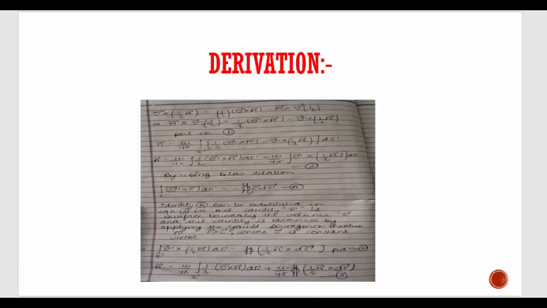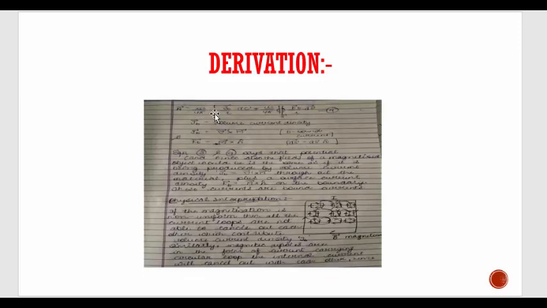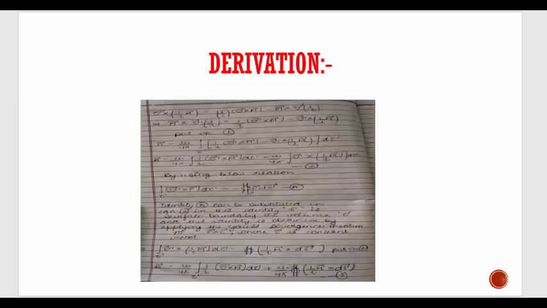Now again, A vector is equal to μ0/4π integration of Jb vector upon r dτ' plus μ0/4π closed surface integral Kb vector upon r dS'. Here Jb is the volume current density and Kb is the surface current density.